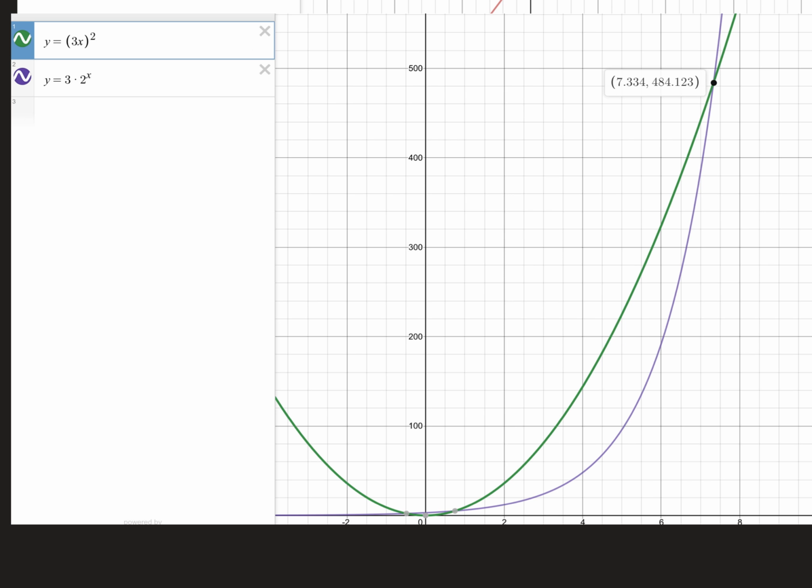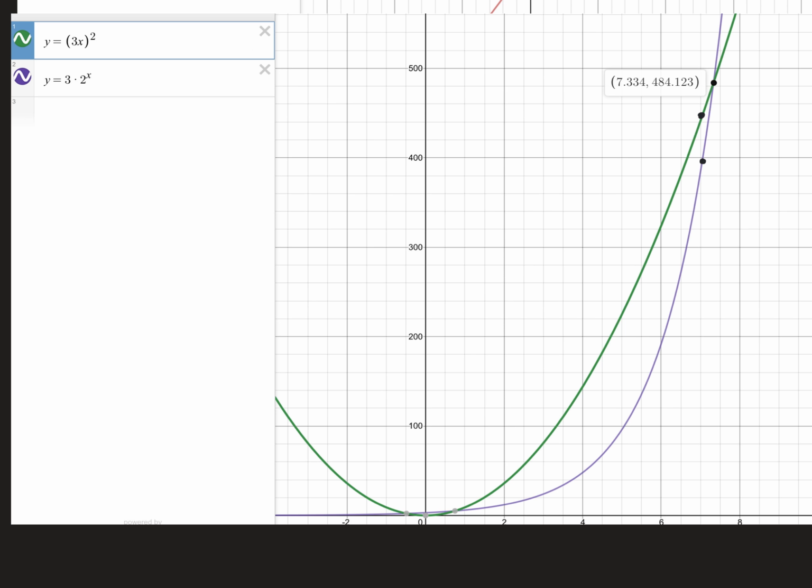So we went out to 7 years, and at 7 years we saw that the quadratic, the green graph, was still more than the exponential graph. So at 7 years, we're right about here and here.